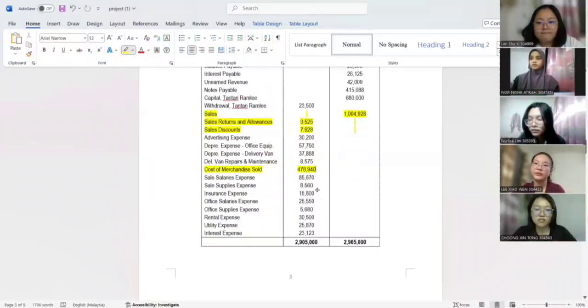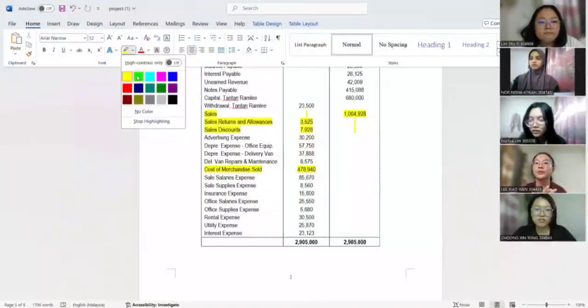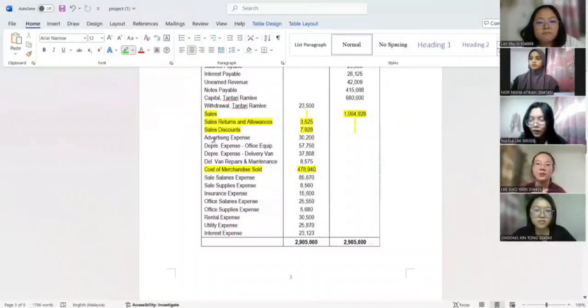Okay, then when we create the profit and loss statement, the important part to focus on is the expenses, like the statement shown. This section shows all the costs involved in running the business, which will directly affect how much profit is made. So we can see that we have advertising expense, depreciation expense for office equipment, depreciation expense for delivery rent, and also repairs and maintenance.